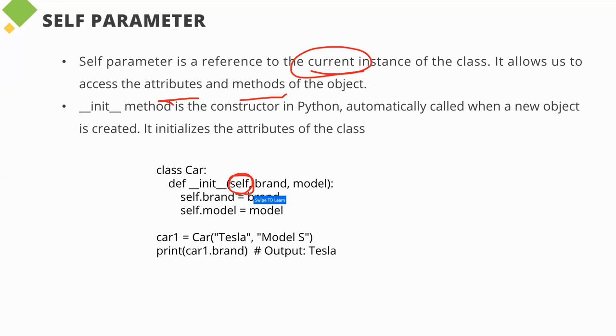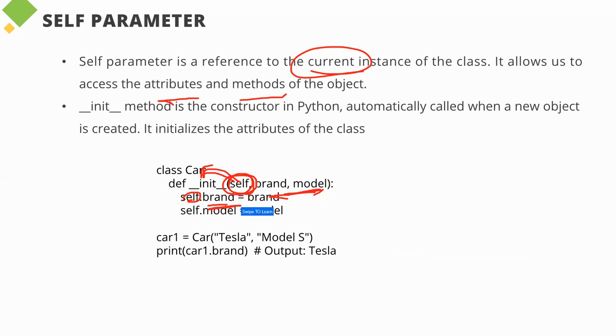Like, this self represents this car. If you want to access the parameters or attributes, and you also have functions, you use self dot brand. So self indicates, in this instance of the class, what my value is for my parameter brand.